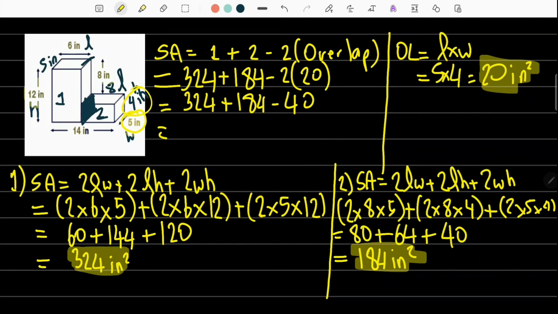Now if we use our calculator, we will get 468 inch square as our final answer, which is the surface area of this composite shape. Hope this helped you out. See you in the next video. Bye bye.